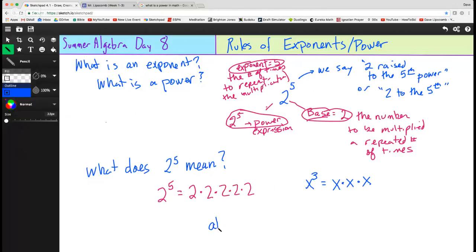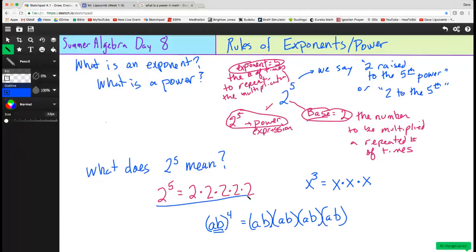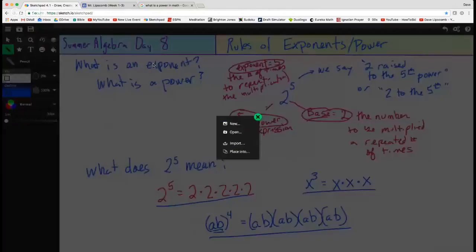If I said AB to the 4th power, that means the thing inside, the base, AB, multiplied 4 times. In that, we have 3 examples of what a power means. This is the definition of a power.